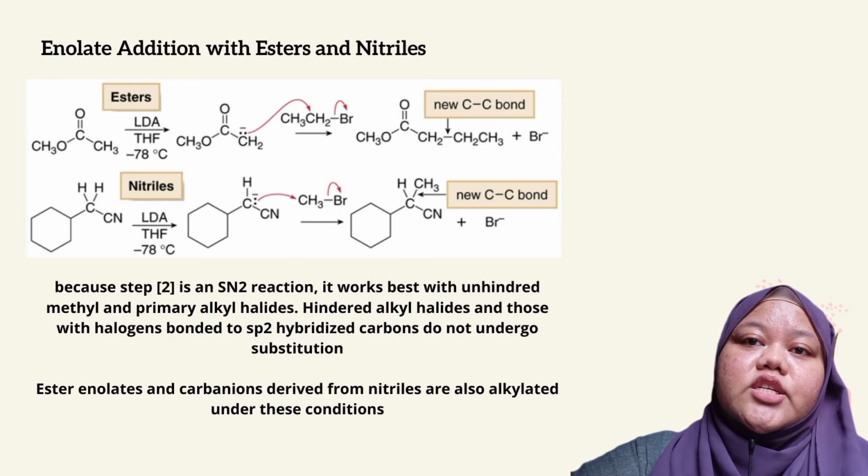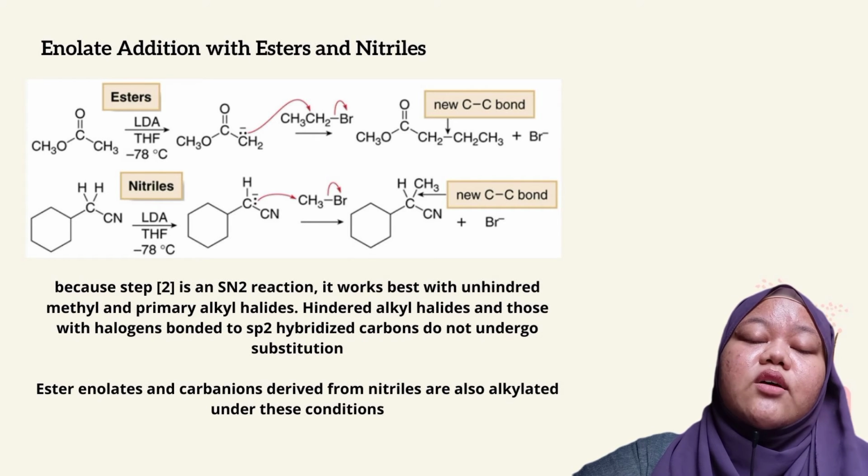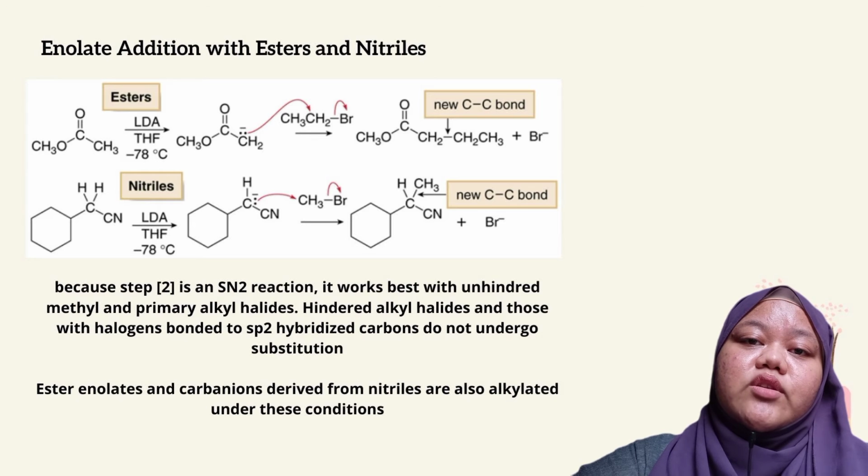Because step 2 is an SN2 reaction, it works best with unhindered methyl and primary alkyl halides. Hindered alkyl halides and those with halogens bonded to sp2 hybridized carbons do not undergo substitution. Ester enolates and carbanions derived from nitriles are also alkylated under these conditions.